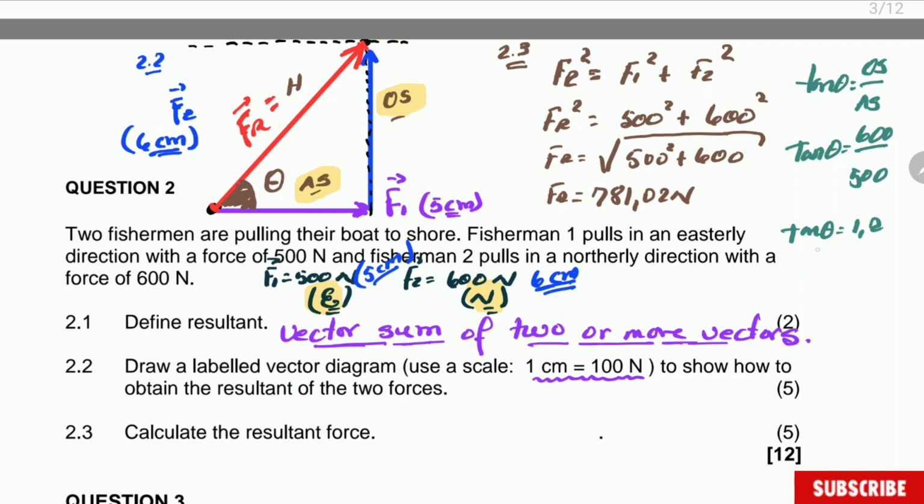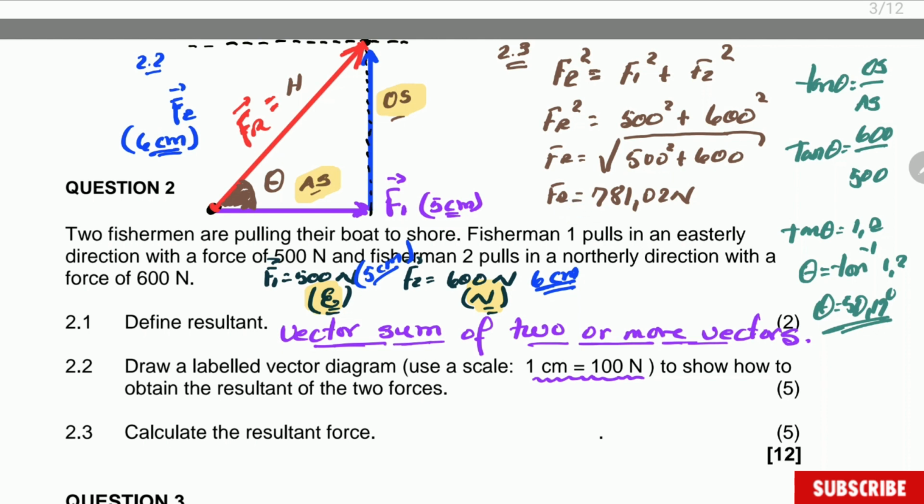But this is not theta, this is tan theta, so theta is equal to tan inverse of 1.2, and when you do that, guys, you will get that the answer is 50.19. So theta is equal to 50.19 degrees, and this is the final answer.